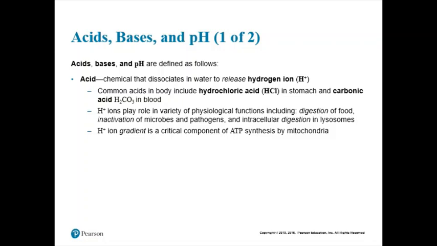Remember, lysosomes were like big garbage collectors. They could break anything down in the cell. How did they break them down? It was with acid. It was with positively charged hydrogen ions. So having acid in the body is very important because it's helping with a lot of things. But simply put, it's just compounds that when you drop them in water, they'll release positively charged hydrogen ions.